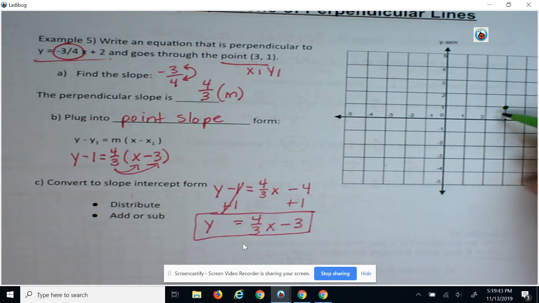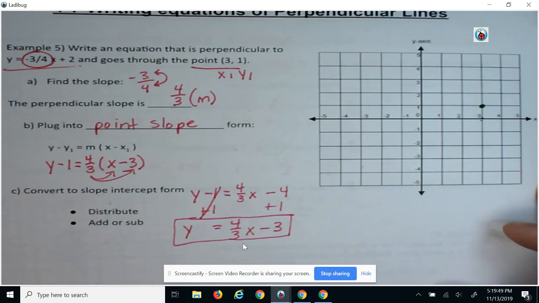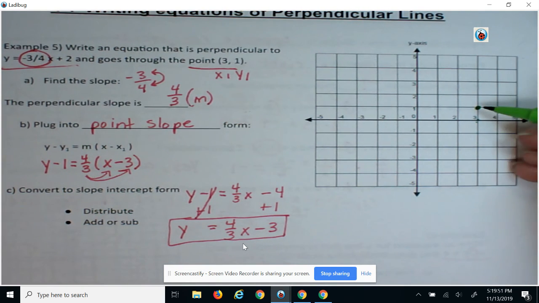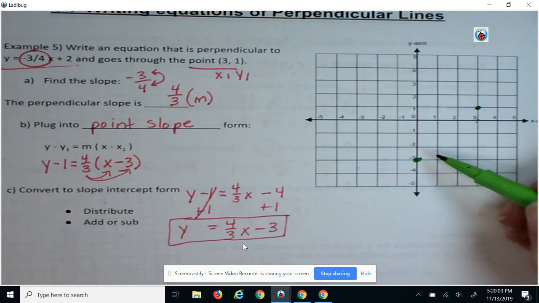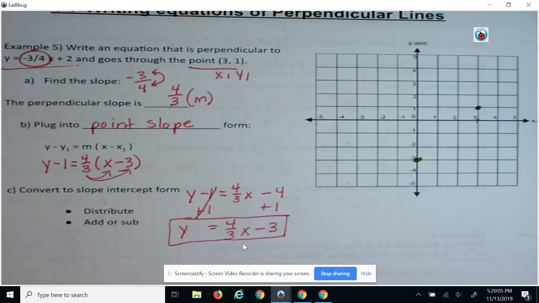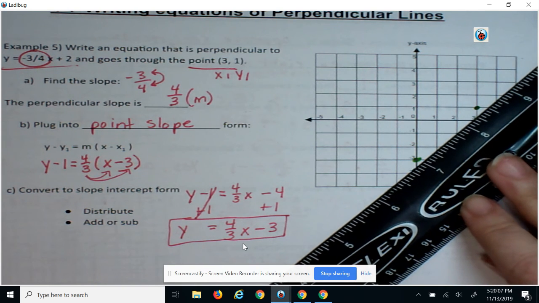So from my point, I'm going to rise 4 and run 3, but I'm going off the graph. So I'm going to change my direction. I'm going to go down 4, 1, 2, 3, 4, and to the left 3. And there's my y-intercept there. Connect my line, my dots.